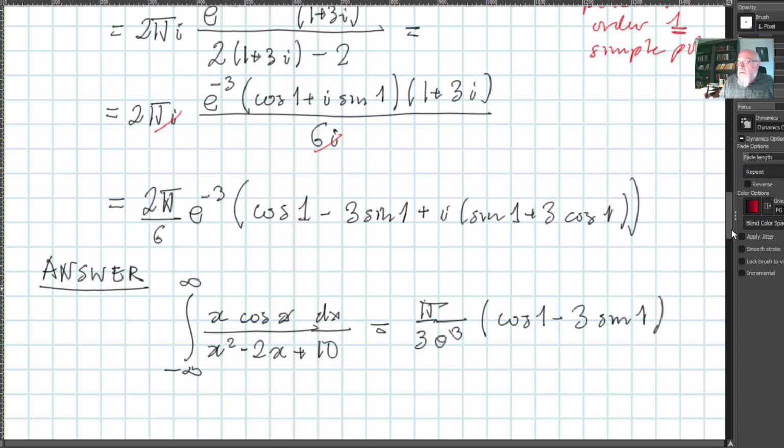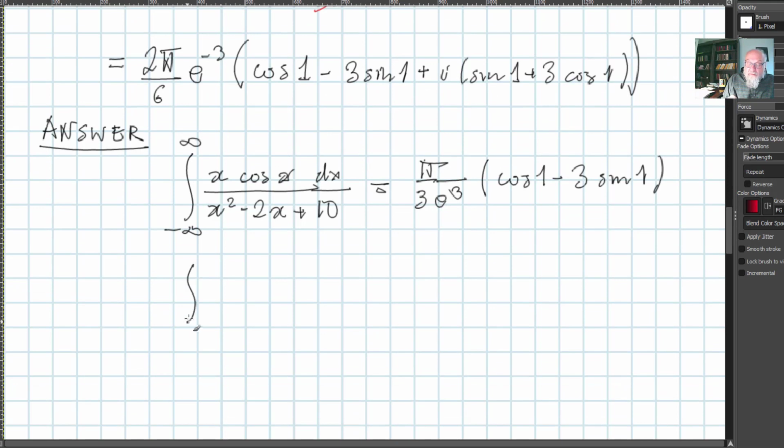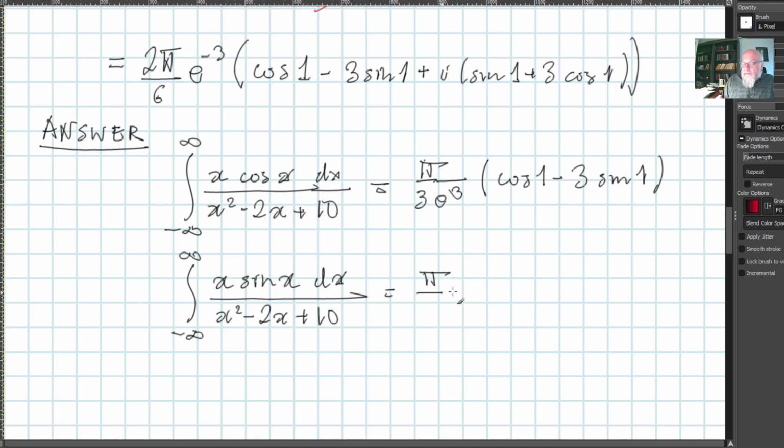And the second integral, of x sine x dx over x squared minus 2x plus 10, is the imaginary part of this expression, again with the same factor, e to the power 3, times sine 1 plus 3 cosine 1.